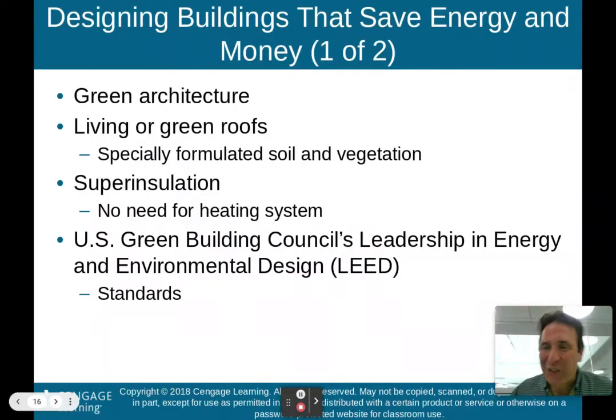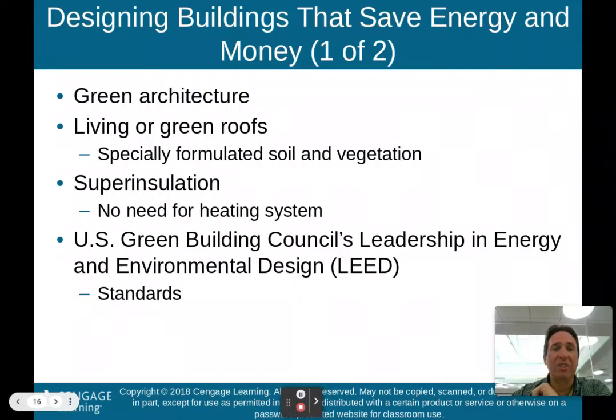All right, next we're going to talk about buildings. Let's design buildings that save energy and money, right? Because a lot of our buildings are wasteful because you have heat that's just being left. We're losing heat from leaks, right? Or losing air conditioning because of leaks, things like that. So we have green architecture, which is just, again, what it sounds like, plants and trees and things like that.